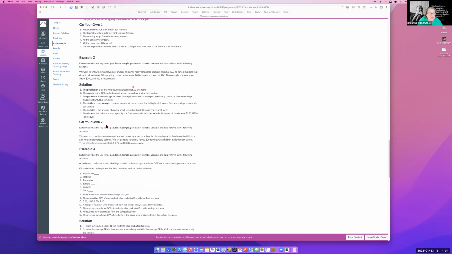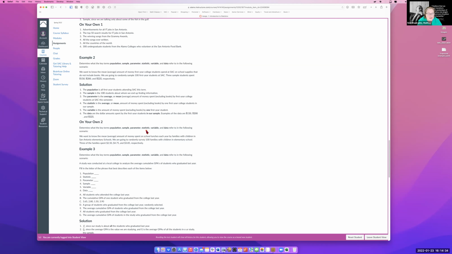So gosh, let's see. The population, okay, that's all of the children in San Antonio area elementary schools, all of them. The sample is the 100 families, the children in those families. The parameter, well, what information do we want to know about everyone? Yes, the average amount of money they spent on school lunches.